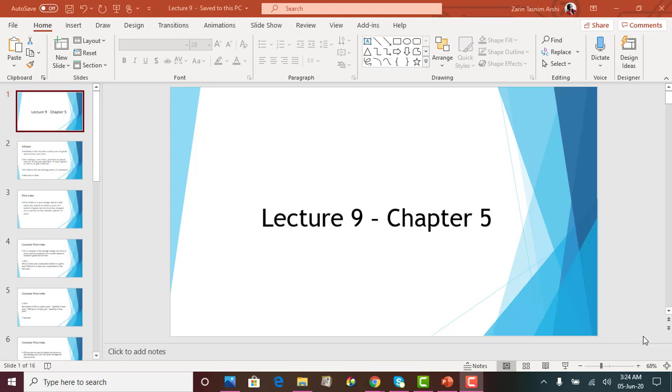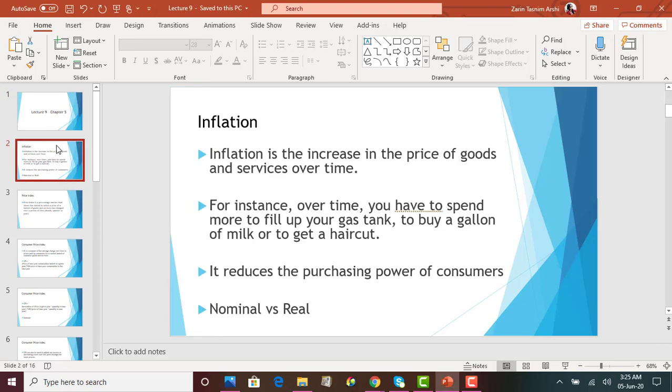Okay, so as a quick refresher, what is inflation? Inflation is basically the increase in the price of goods and services over time. So over time, the price of a pen can go up, the price of books can go up, the price of gas can go up. For instance, you have to spend more now to fill up your gas tank if you compare it with 20 years back, or 10 years back.